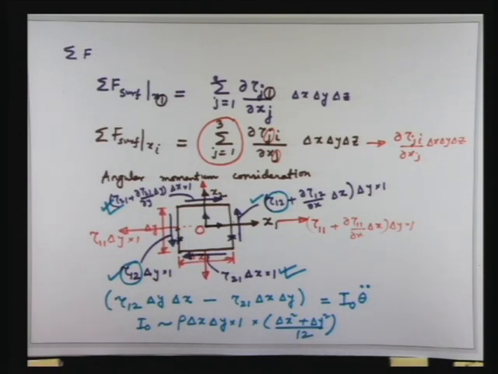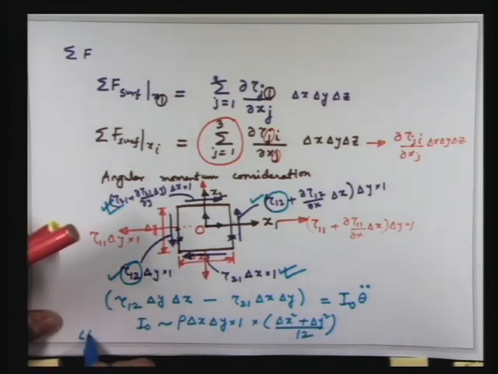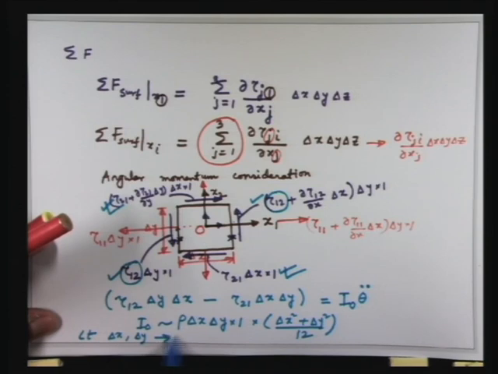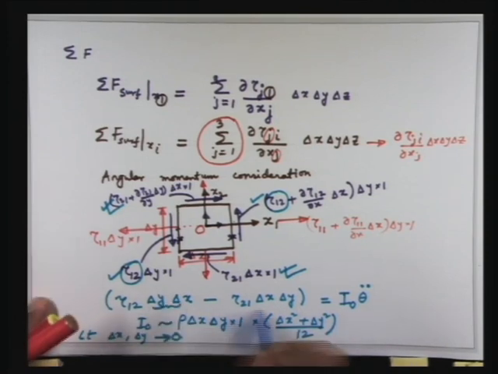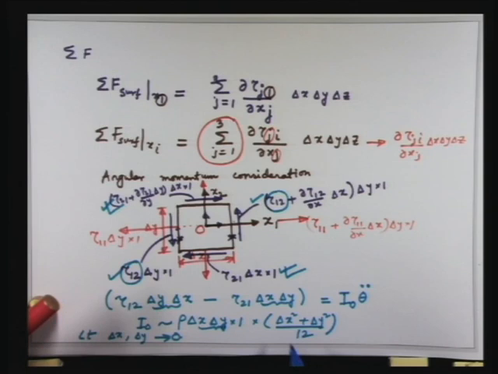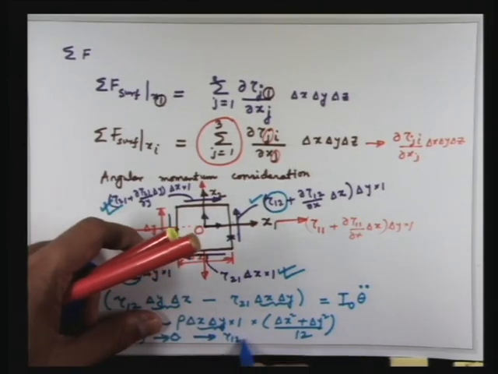It is the scale that is important for us. So now you take the limit as delta x, delta y tends to 0. First you can cancel delta x, delta y from both sides, right? This term and this term will be cancelled from both sides. If you cancel this from both sides and further take the limit as delta x, delta y tends to 0, the right hand side will be 0, and this will make tau 1 2 equal to tau 2 1.